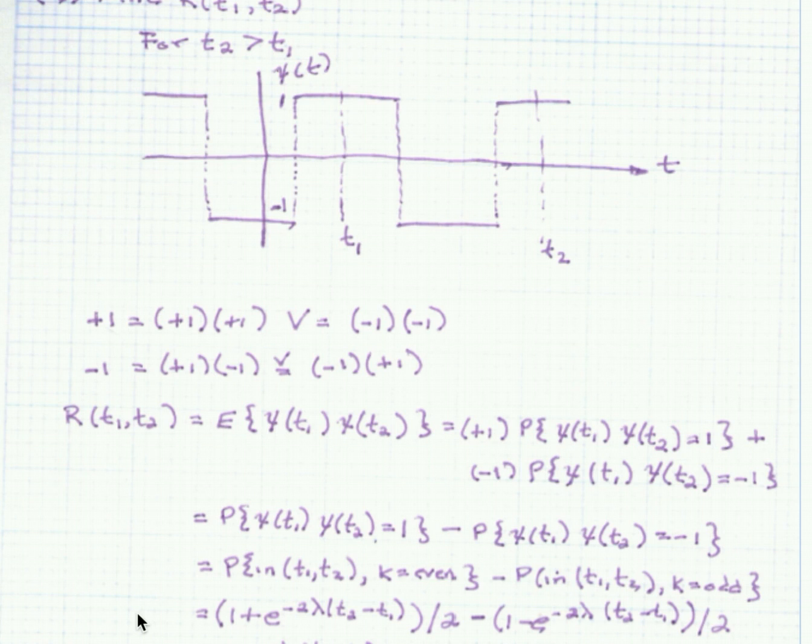And as we substitute in the values for the positive and negative probabilities, we'll end up with 1 plus e to the minus 2 lambda times t2 minus t1, the quantity divided by 2, etc. When we simplify those, we'll end up with e to the minus 2 lambda, the quantity t2 minus t1. Thank you.